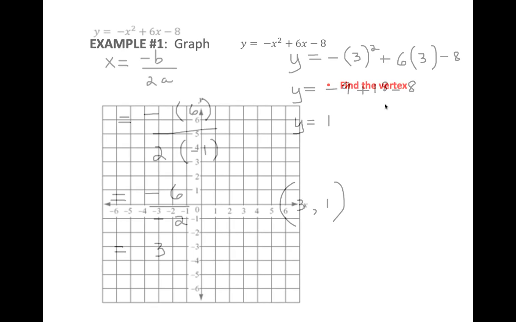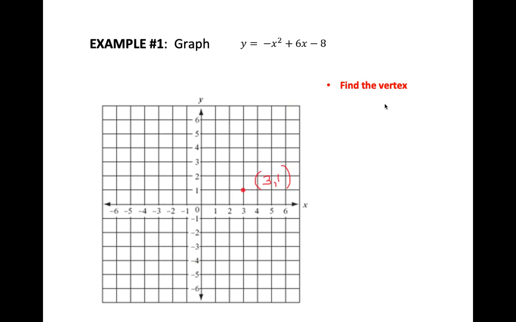So let's take that and put it on the graph, positioning it in the right spot, (3, 1) for our vertex. Second step, I need you to draw the axis of symmetry and label it. So the axis of symmetry, of course, cuts straight through the vertex, and it is a vertical line, so we write x is equal to 3. Next step, find the y-intercept.